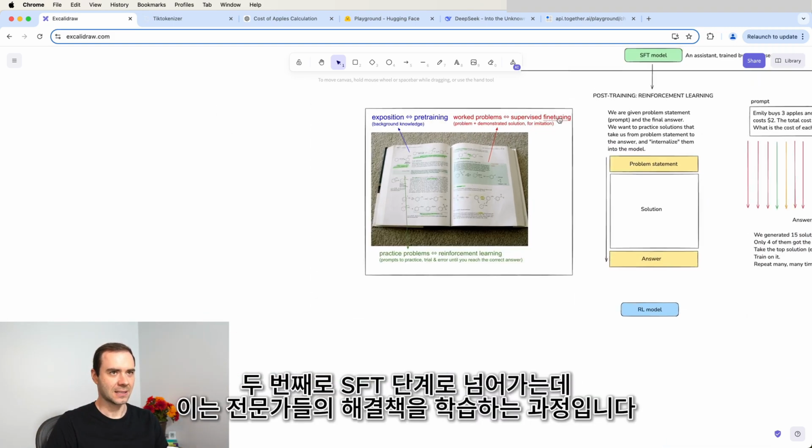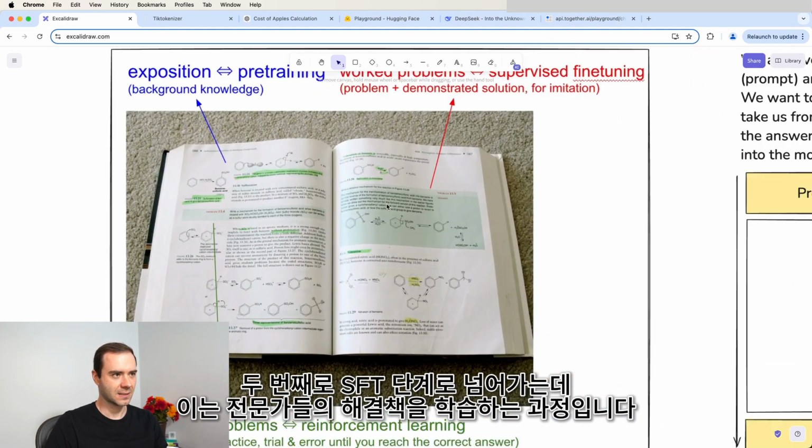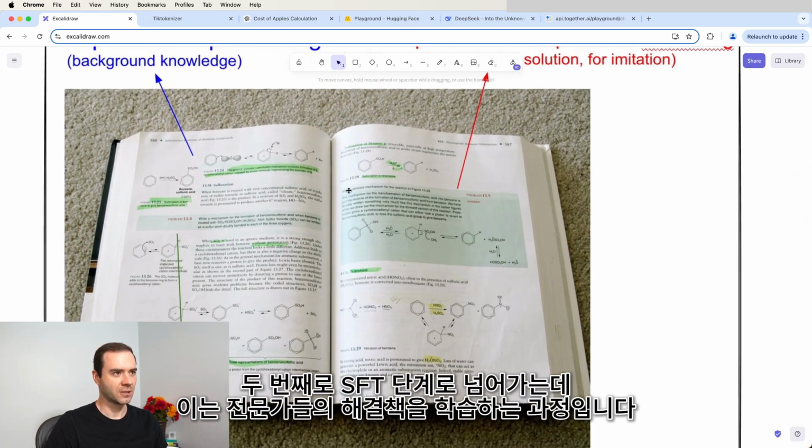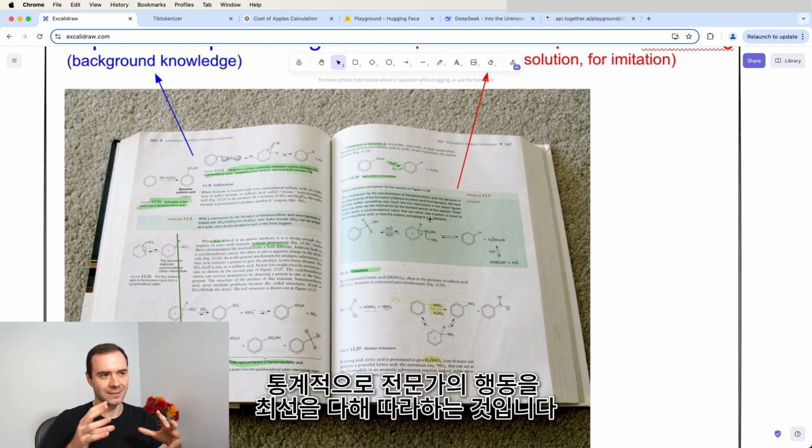The second thing is the SFT stage, which is looking at all the fixed solutions from human experts, all the different kinds of worked solutions across all the textbooks. And we get an SFT model, which is able to imitate the experts, but does so blindly. It just does its best guess, trying to mimic statistically the expert behavior.